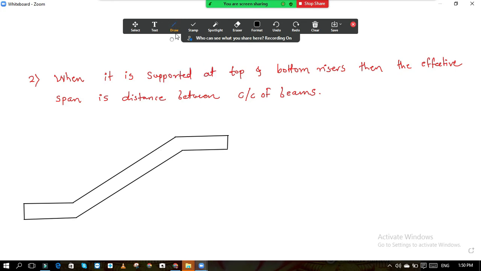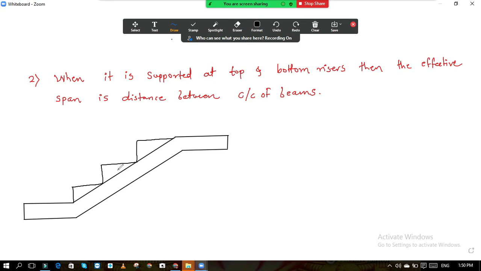Okay, so now see here, this is the staircase. Now I will draw the steps once again, freehand. Okay, so these are the steps.